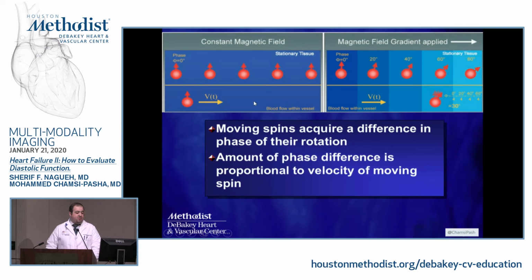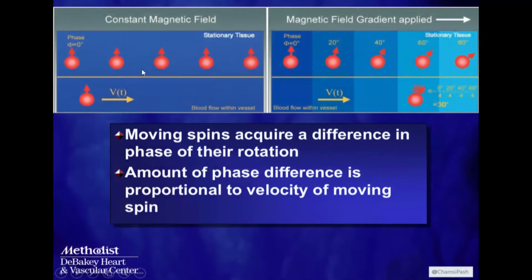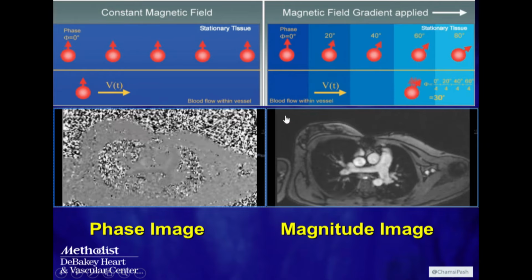So just one slide about the mechanism of doing that. If we look at stationary tissue, so protons that do not spin at rest, there is no change in their phase, but whenever they are subjected to an external gradient magnetic field, we realize that moving spins acquire different shifts in their phases during different velocities, and that's what we're able to image with an MRI.